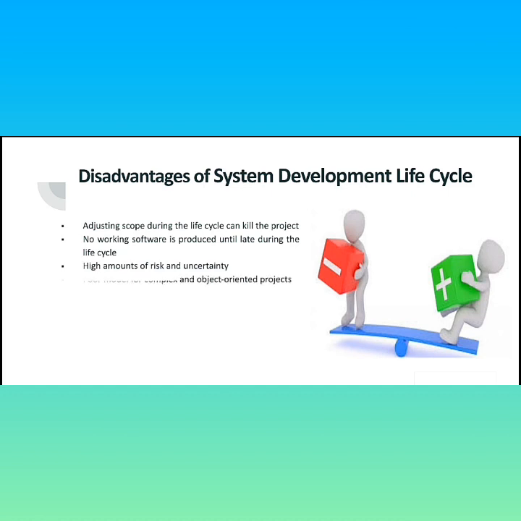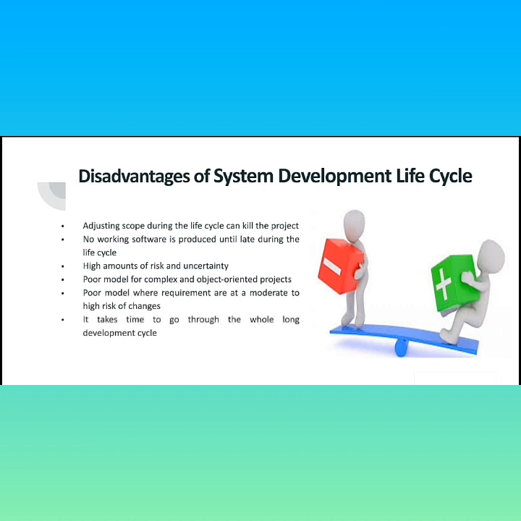It is a poor model for complex and object-oriented projects. It is also a poor model where requirements are at a moderate to high risk of change. It takes time to go through the whole long development cycle.